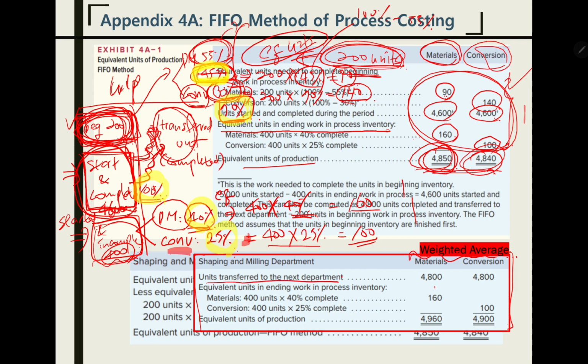So the units transferred to the next department, 4,800 conversion 4,800. We do not exclude some of the effort that were made during the prior period, right? So look at this. This is 4,800 and this is 4,690. Okay.